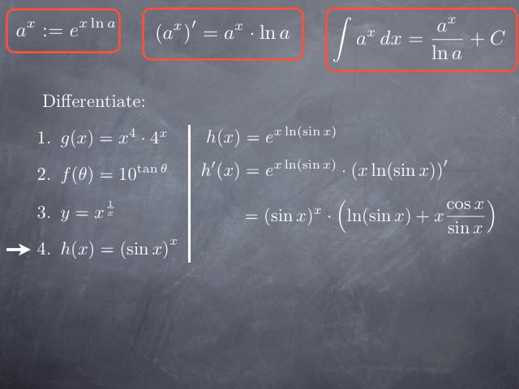And then I have x multiplied by the derivative of ln of sine x. We know that the derivative of ln of sine x, it's again the chain rule, because I'm plugging sine x inside the log. So I get derivative of the log evaluated at sine x, that's 1 over sine x, multiplied by the derivative of the function inside, so multiplied by cosine x. So I get x multiplied by cosine x over sine x.